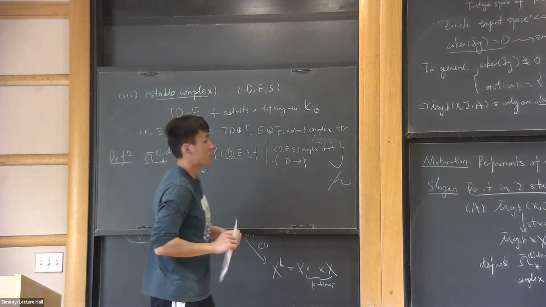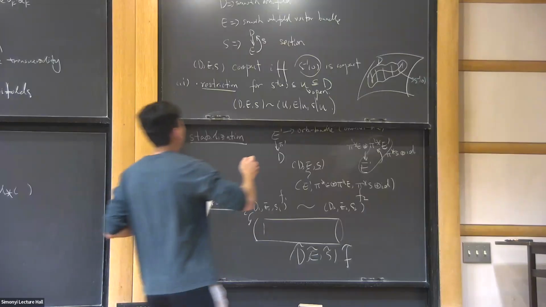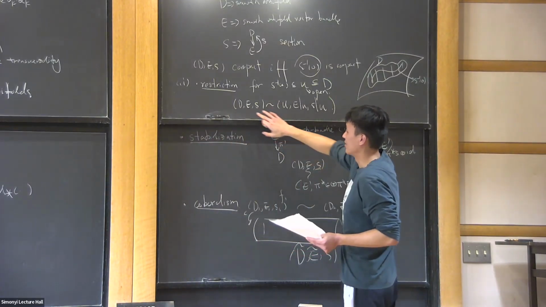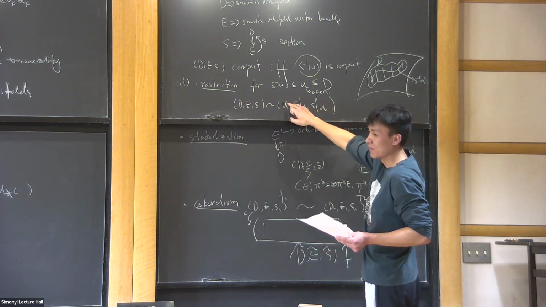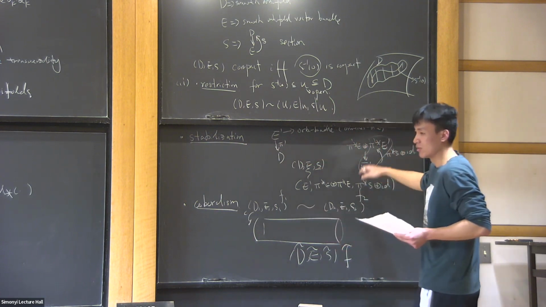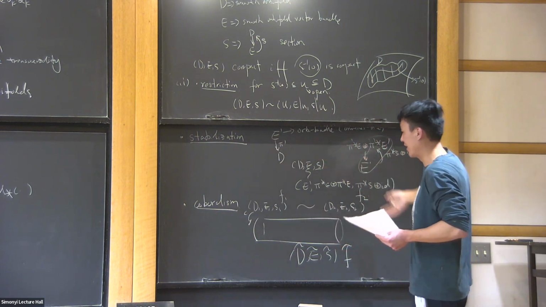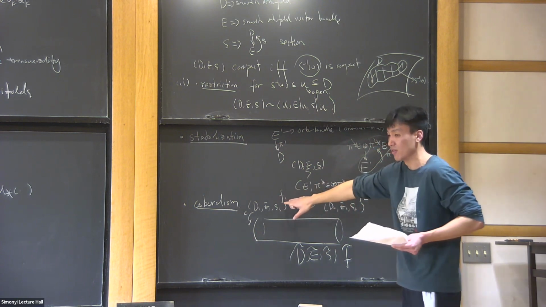Now let's introduce the equivalence, these relations we want to mod out by. They are given by, say, we replace this chart by its restriction together with the restriction of the map on the ambient space. Stabilization, because we can always project things back down to compose with the given map F. And for cobordism, there's another piece of data we need to keep track of, that's the map itself.